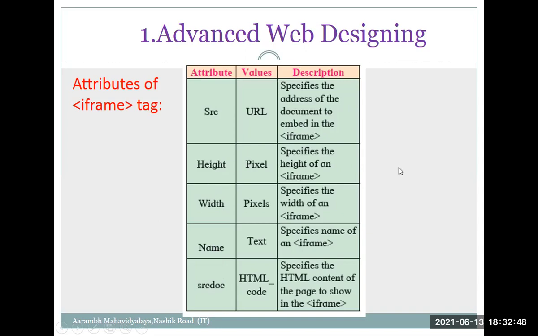Then height of the iframe in pixels, width of the iframe in pixels, and name indicates the name given to that iframe in text format. And SRC doc means the HTML code or any simple content which will be displayed in the iframe without creating a new file.